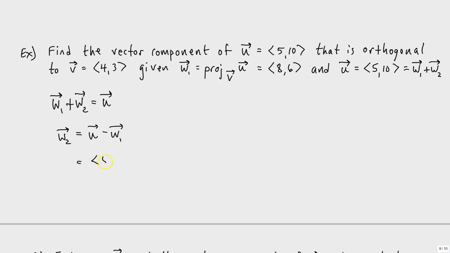So that's 5, 10 minus the projection, which is negative 3, 4. This quickly shows that we can take a vector u and decompose it into the vectors that added up to it. This could be a resultant force, and we can figure out which two forces are added together to give that resultant force, but it requires that we do know the projection.